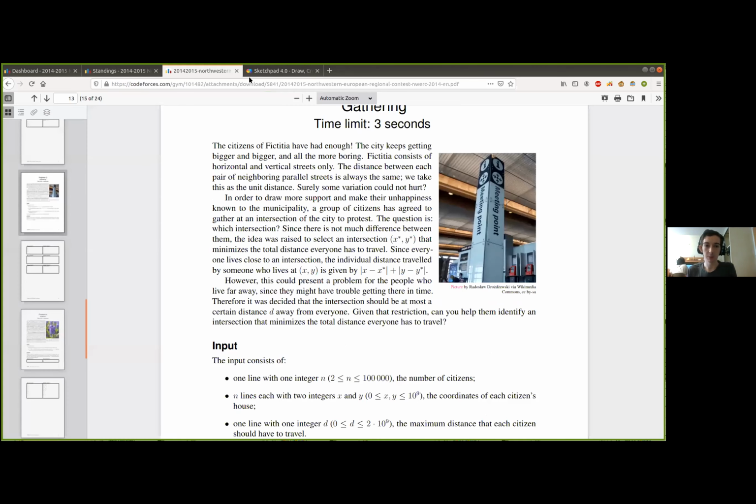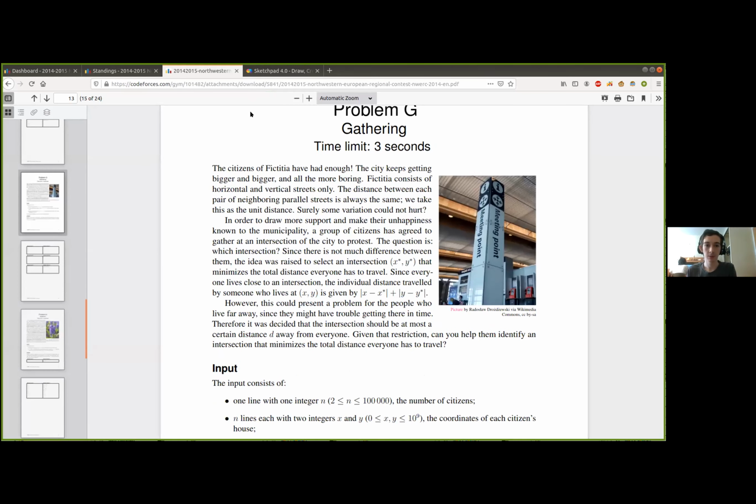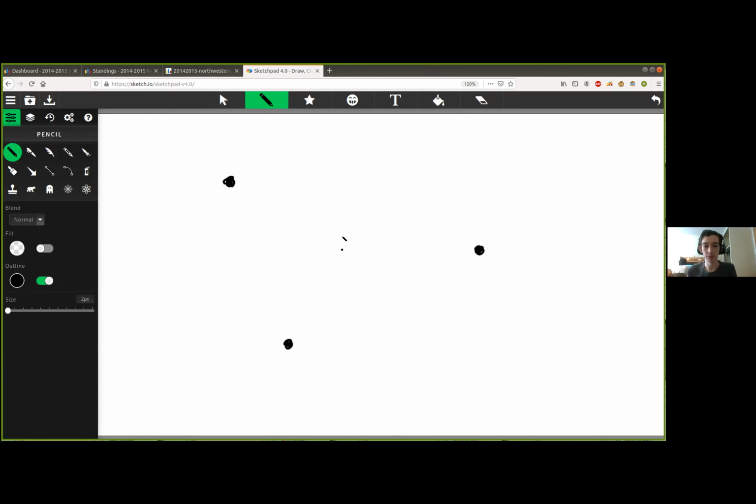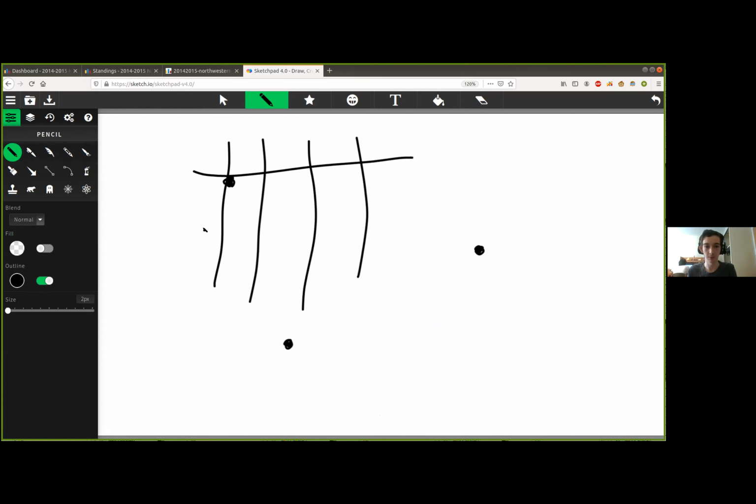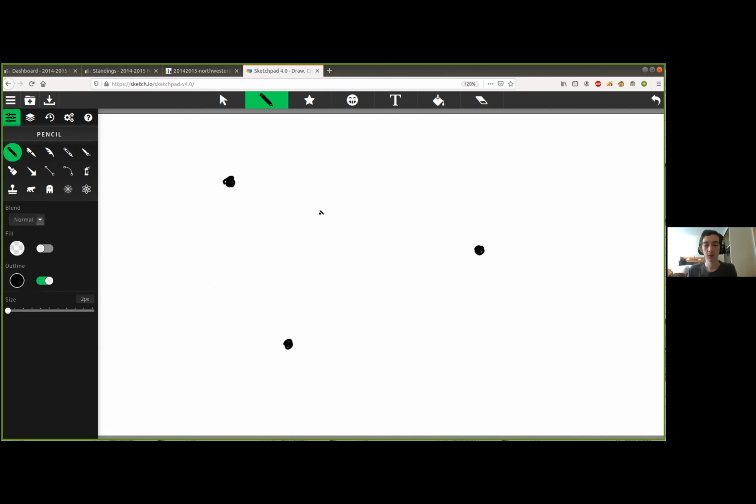The question is, we want to choose a point. I think it has to be integer coordinates too, because it's describing a point as an intersection between a street and a road. So we want to find an intersection where all these people should meet.